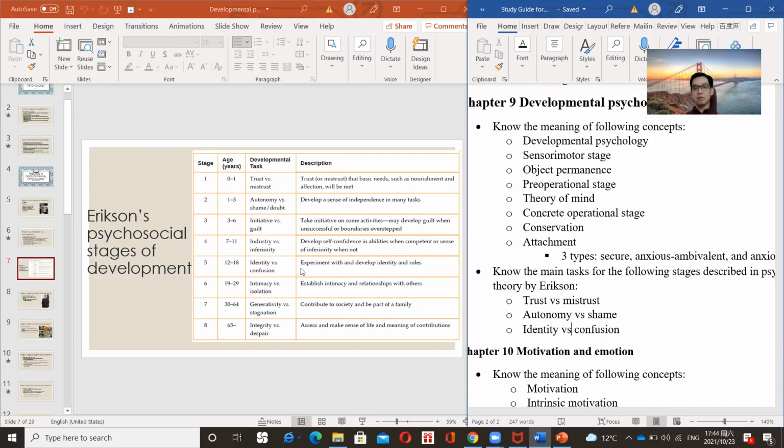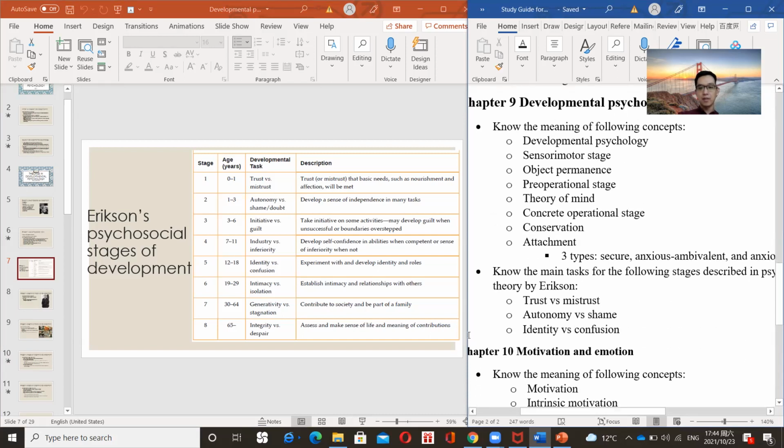Adolescents start to come to the society and try different roles, different positions in the society. That's the main task people need to finish in this stage. Identity versus confusion, stage 5.